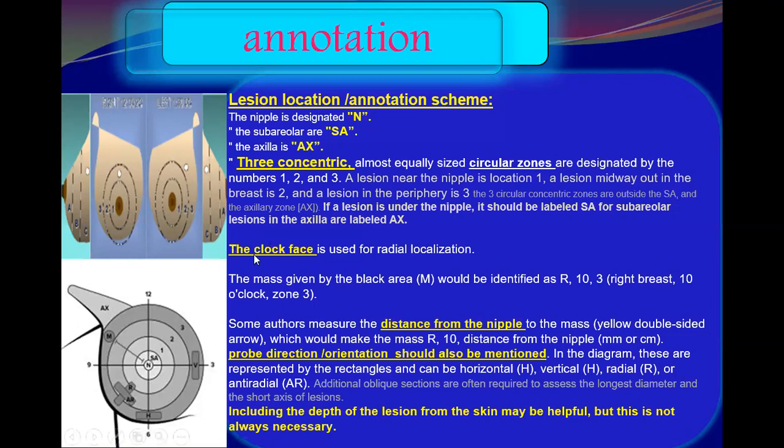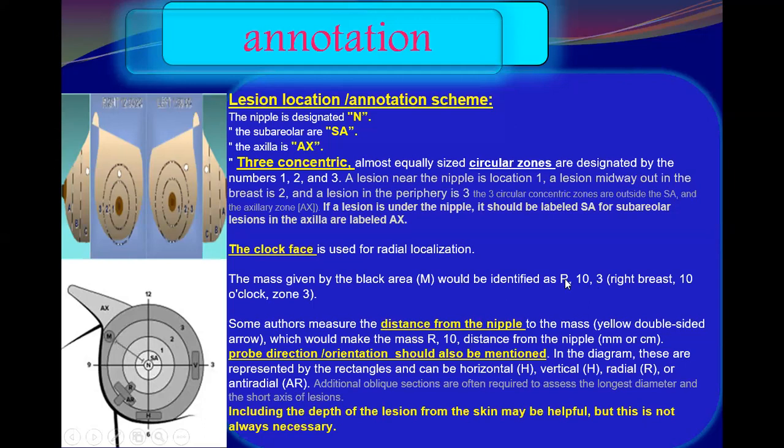And we have the clock face, as you have seen here, from 12, and this is 3, and this is 9, and in between, same as the clock. The mass, marked by the area M here, is seen at what o'clock? This is the right breast. It is seen at 10 o'clock.